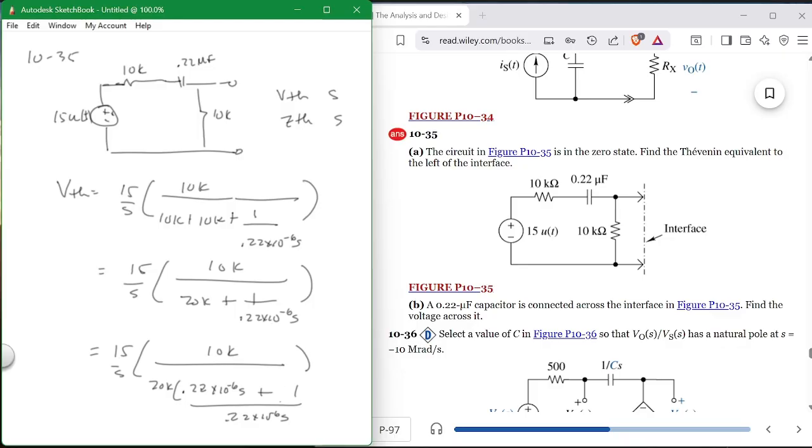Now the denominator is the numerator, so now I've got to flip that up to here.